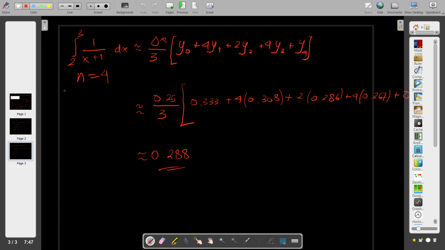The only thing we have to remember is that the value of n must always be even. When n is 5, we cannot use Simpson's rule. So you have to always remember whether it is even or not.